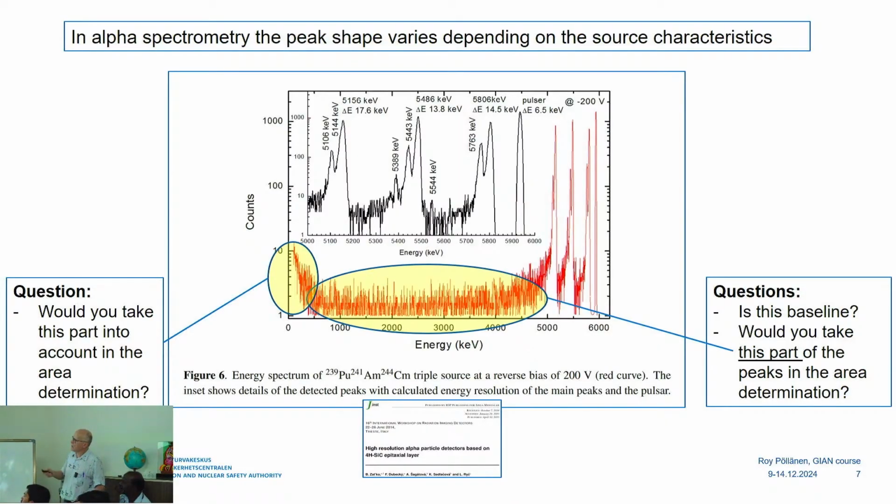Would you take this part into account in the area determination? Yeah, no. Because these are generated by soft photons, X-rays, perhaps gammas, electrons, positrons, etc. Would you take this part into account in peak area determination?